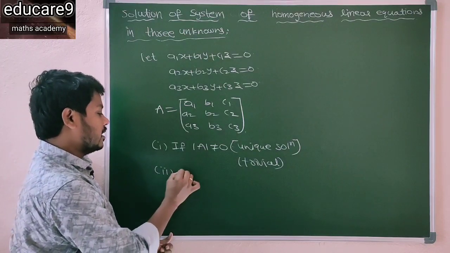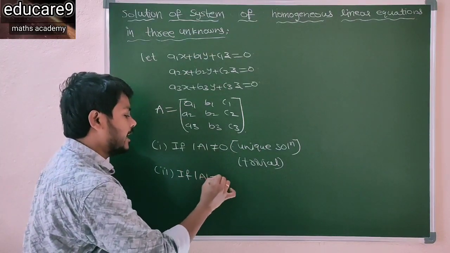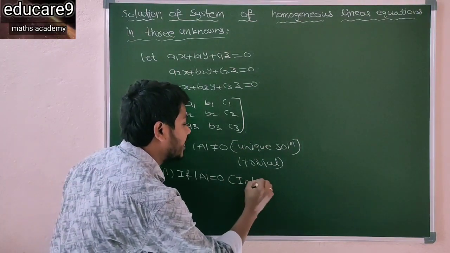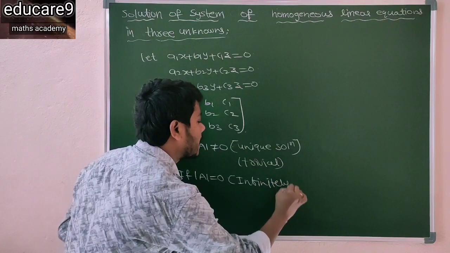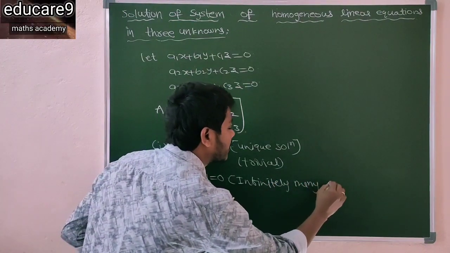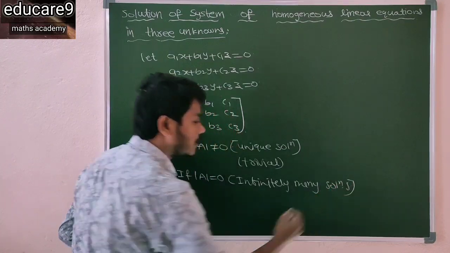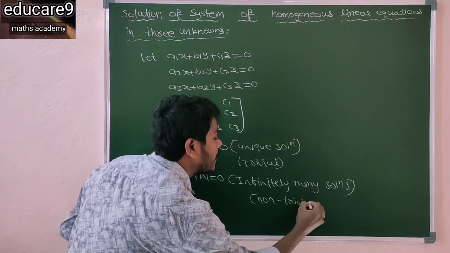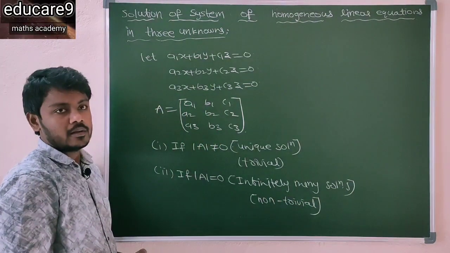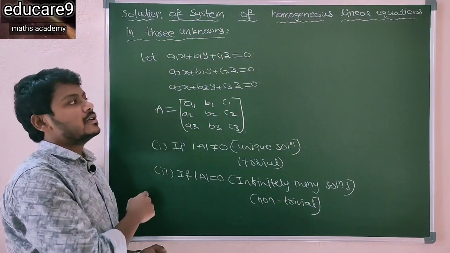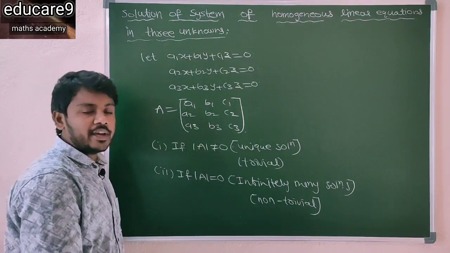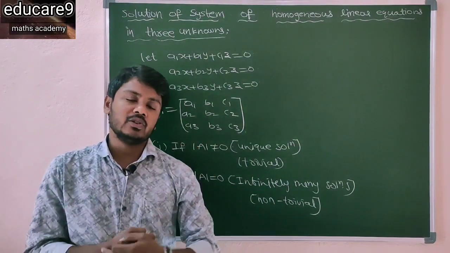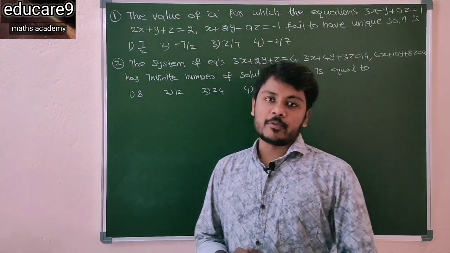Second one, if determinant of A equals 0, so in this case we have infinitely many solutions, and non-trivial. So clearly in this case, this system of equations is always consistent, because in both cases it has solutions. Now we will discuss a few problems on this.